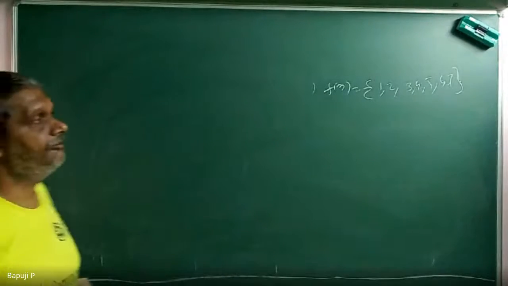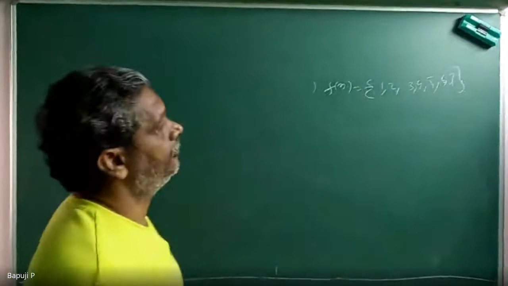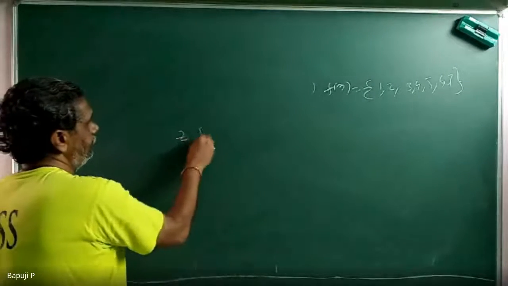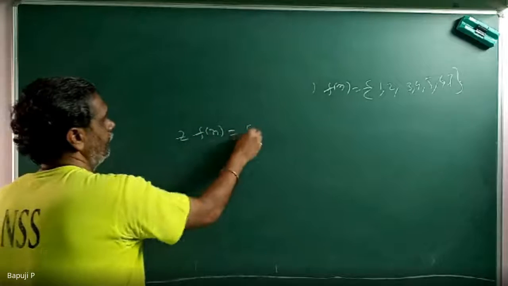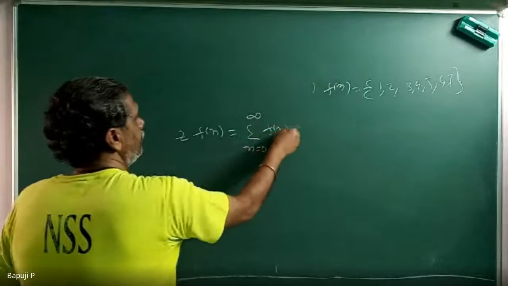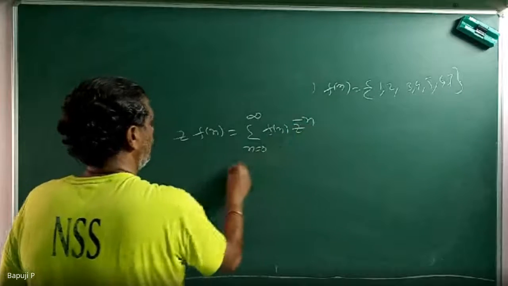The second is: f of n is equal to 1, 2, 3, 4, 5, 6, 7. So Z of f of n, I already know, is the sum from 0 to infinity of f of n z power minus n.